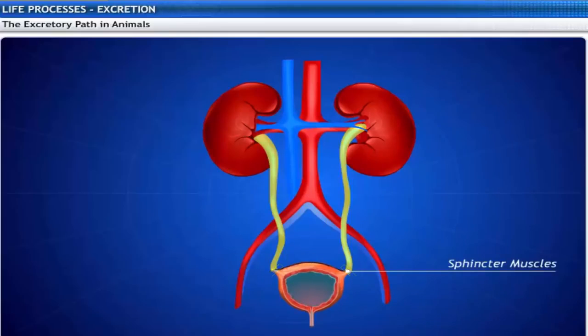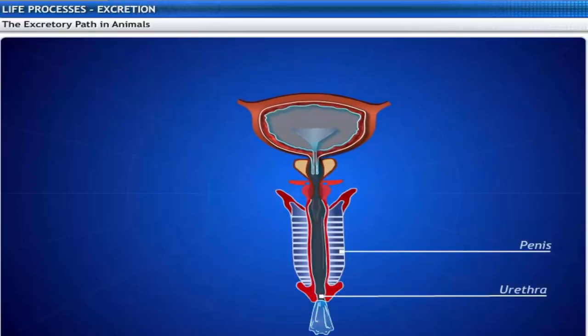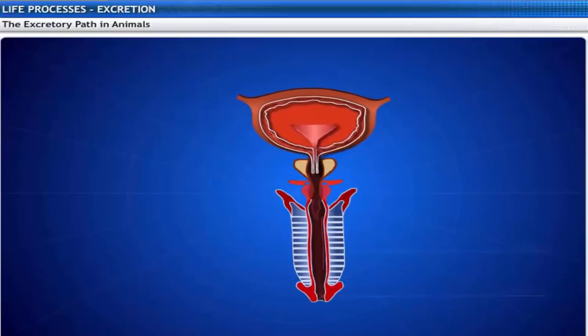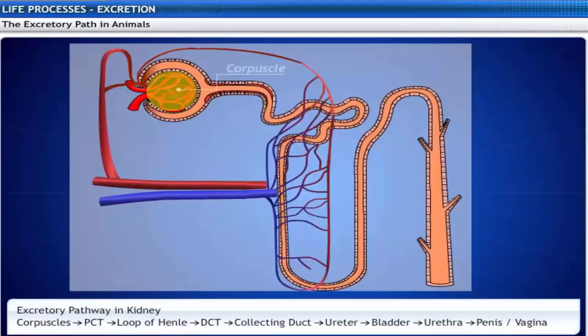Two sphincter muscles are located where the bladder and the urethra meet to prevent the reverse flow of urine into the ureters. The urethra carries urine to the outside of the body. The urethra emerges through the penis in males and close to the vagina in females.